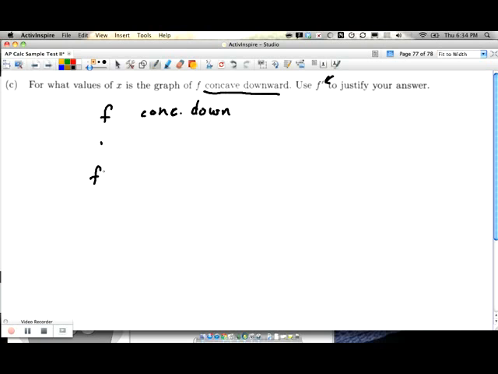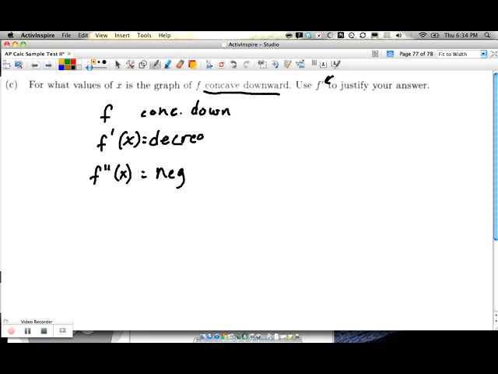Well, how do we know that f double prime of x is negative? That means that f prime of x is decreasing.